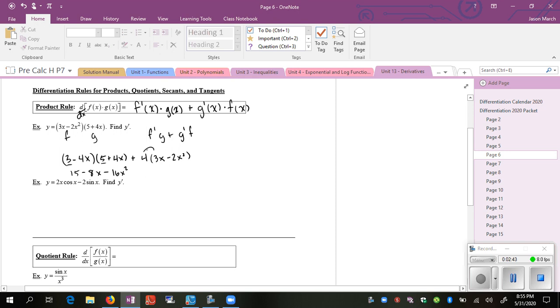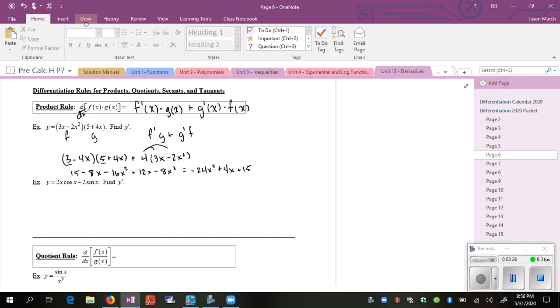And then if I distribute here, we get 12x minus 8x squared. If I combine like terms, let me write it in decreasing order of exponents, we get negative 24x squared plus 4x, and then plus 15. So there's our quadratic derivative.